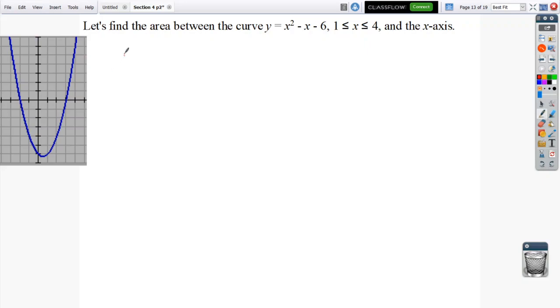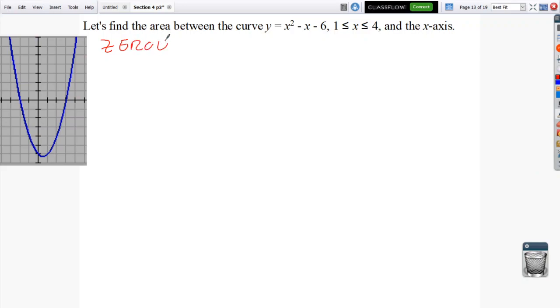So in order to calculate the area, the first thing I need to find out is where the function changes from positive to negative, and that's at the zeros of the function. So here, I'm looking for where x squared minus x minus 6 equals 0. Looking over here, I can see that it's at -2 and 3, but the whole idea is to do this without using a calculator or a graph.